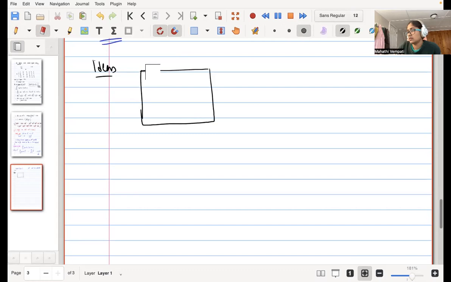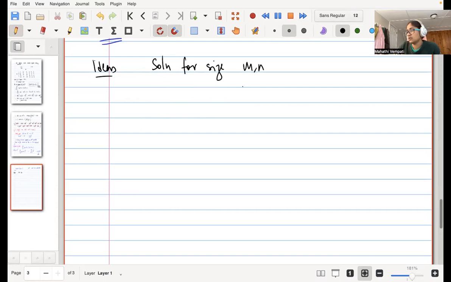If we know the solution for size m comma n, then what is the solution for size m plus 1 comma n, m comma n plus 1, and n plus 1 comma n plus 1? Let's see.